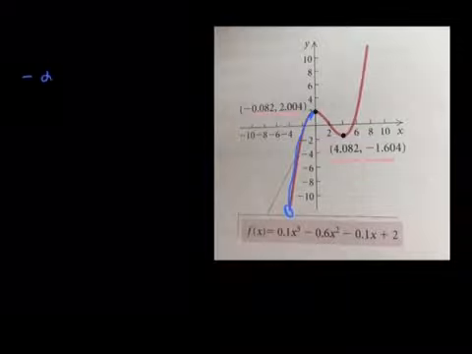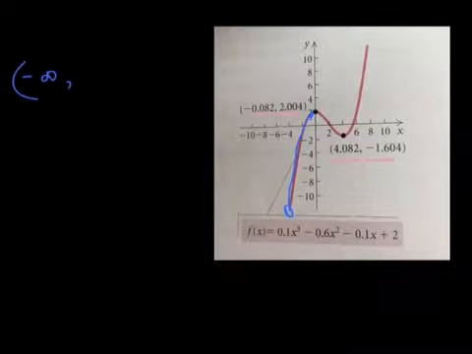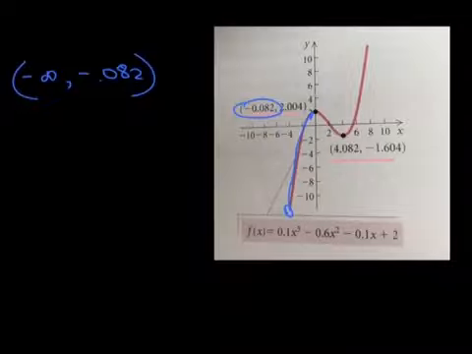So from negative infinity to negative 0.082. Okay, that's where it ceases increasing. All right, now notice your increasing and decreasing, your intervals are always your x value.